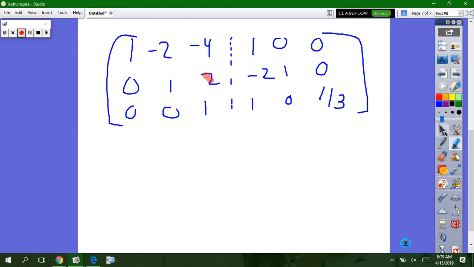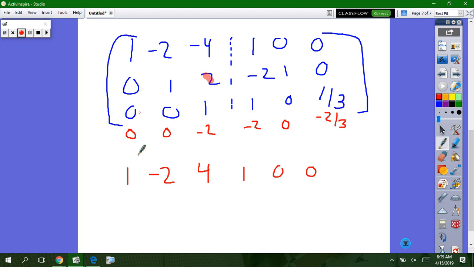So I'm going to multiply row 3 by -2. So that's 0, 0, -2, -2, 0, -2/3. Everybody good with me on that? So I have 1, -2, -4, 1, 0, 0.